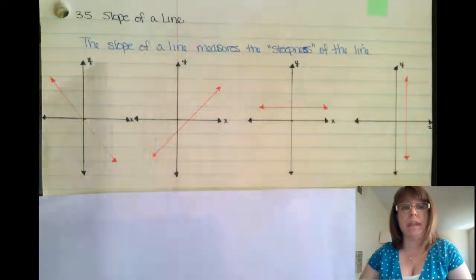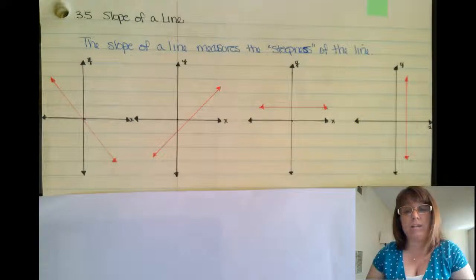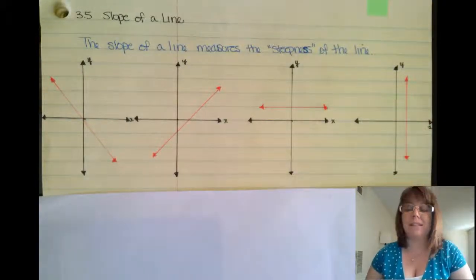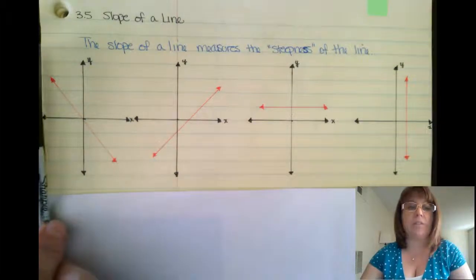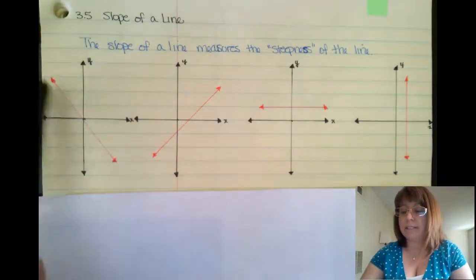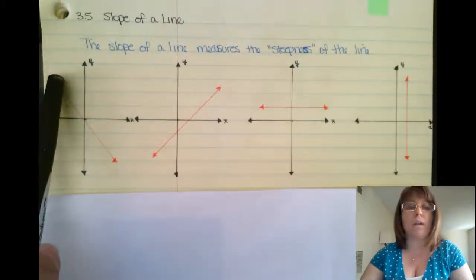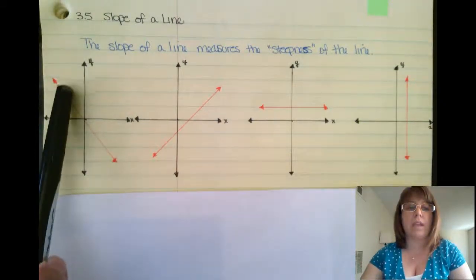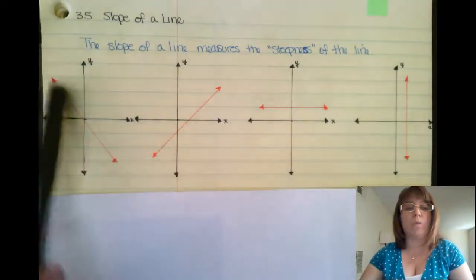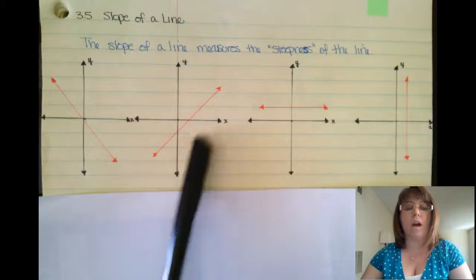Now we can also figure out if our slope is negative or positive by the way that the line is heading. In essence, if I'm a person and I stand on top of the first line and start walking from the left to the right, am I going downward or upward?